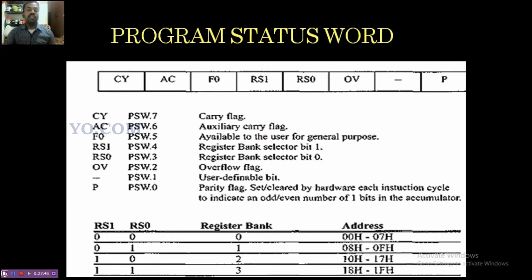Next one is F0, which is kept for future development. Next one is AC, the auxiliary carry.